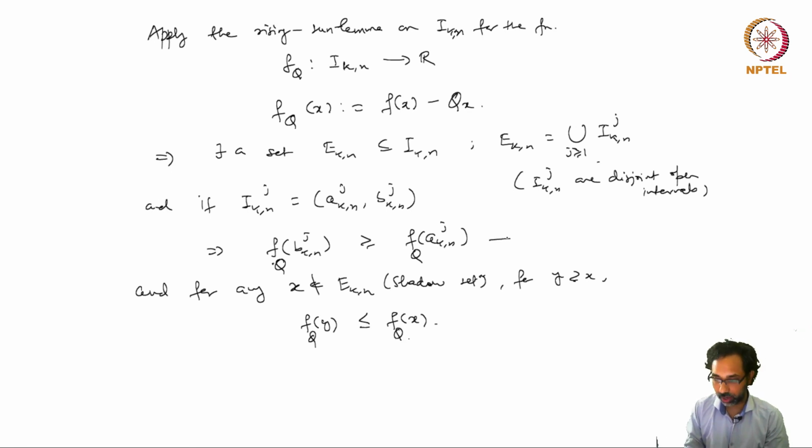So now let's try to unpack what this inequality means for f_Q. So f_Q of b_knj is greater than or equal to f_Q of a_knj.